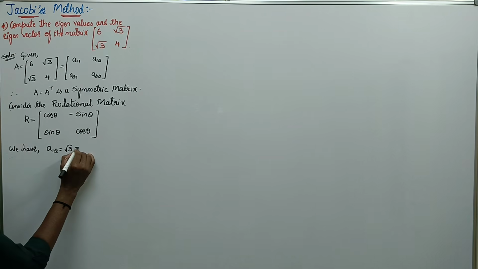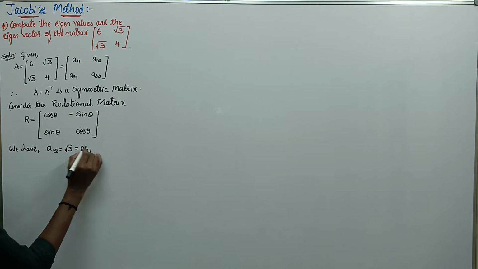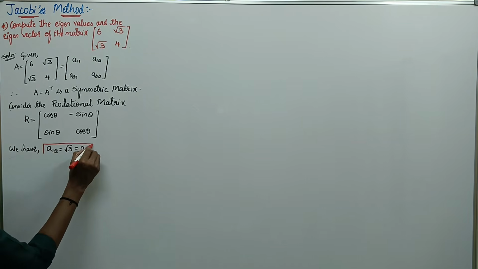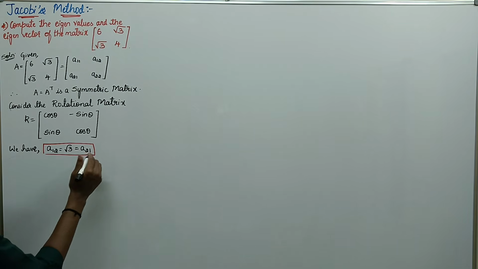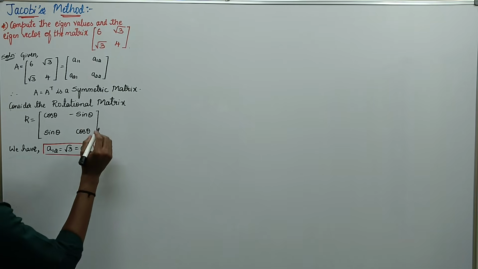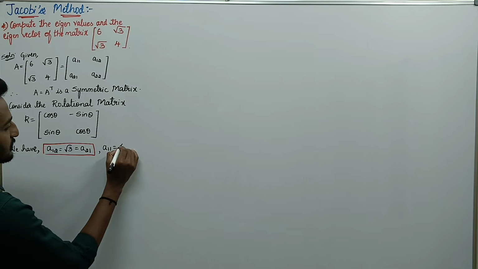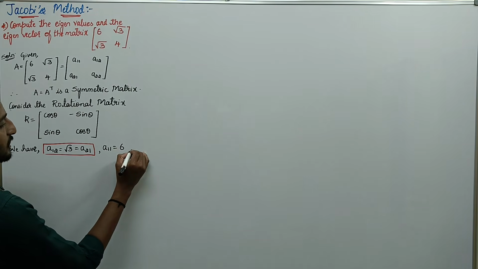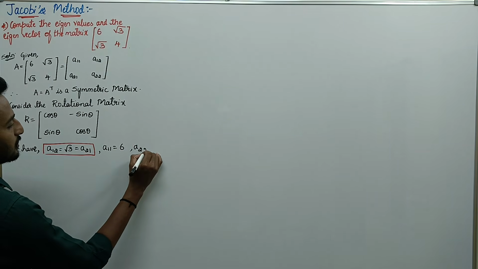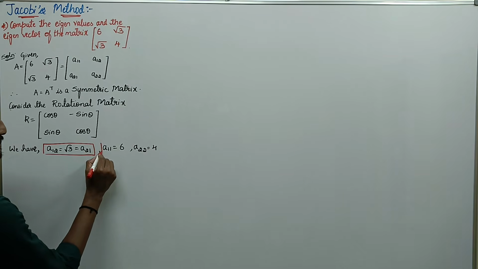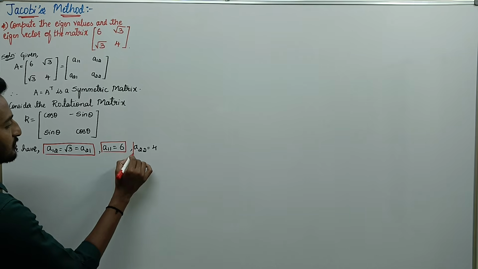Similarly, what is A21? A21 is also root 3. Done? Yes. This is the first condition. Next, similarly, we are going to represent the diagonal elements: A11 equal to 6 and A22 equal to 4. Done?